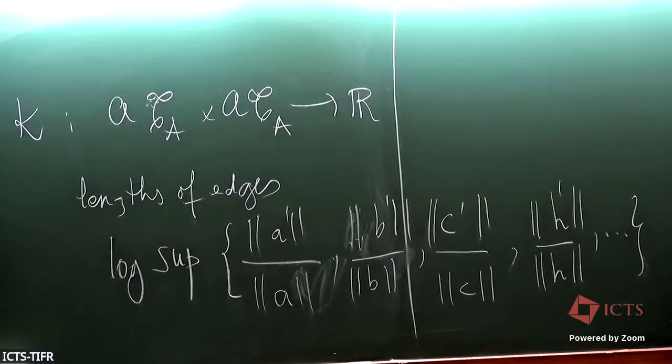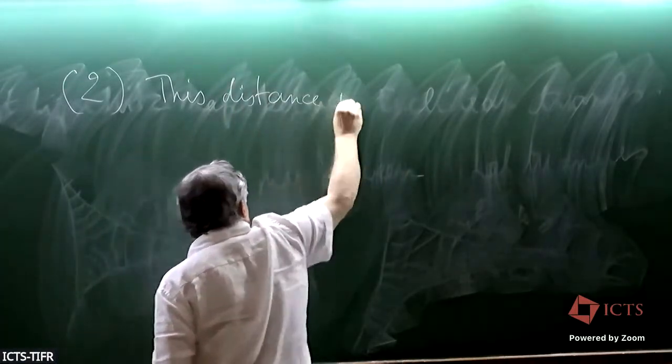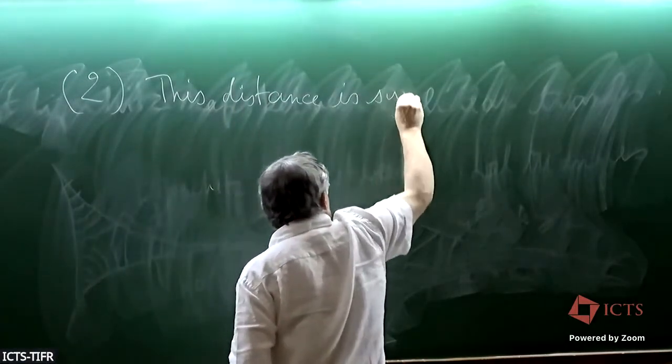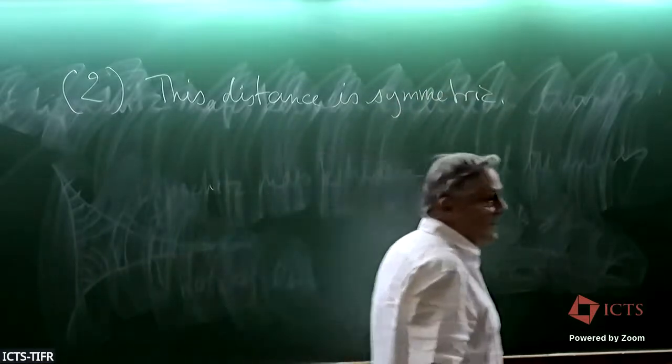In fact, this distance is symmetric. Unlike Thurston's distance, this distance is symmetric. And okay, now I want to describe the geodesics.